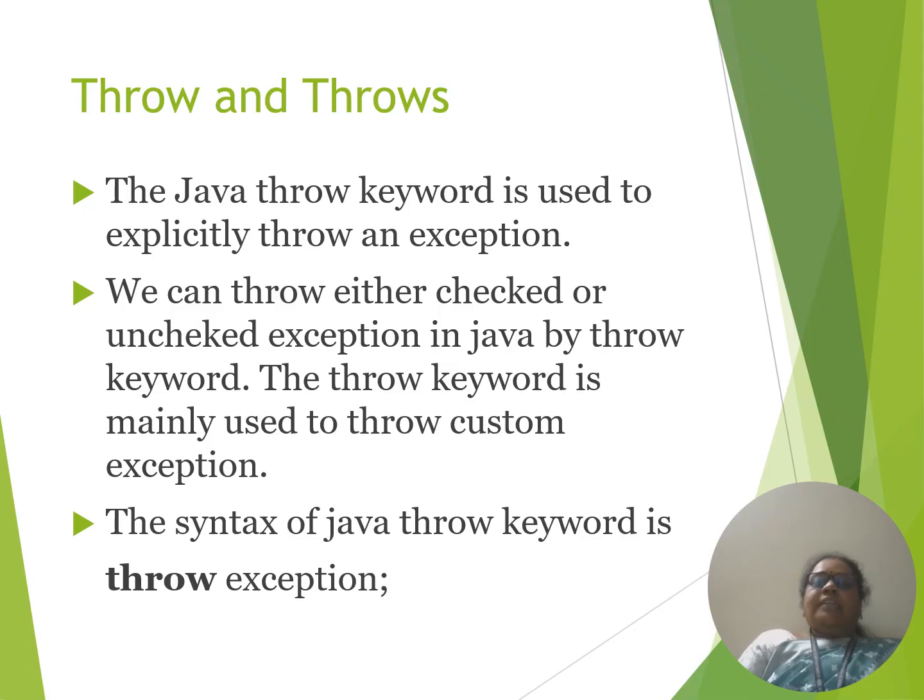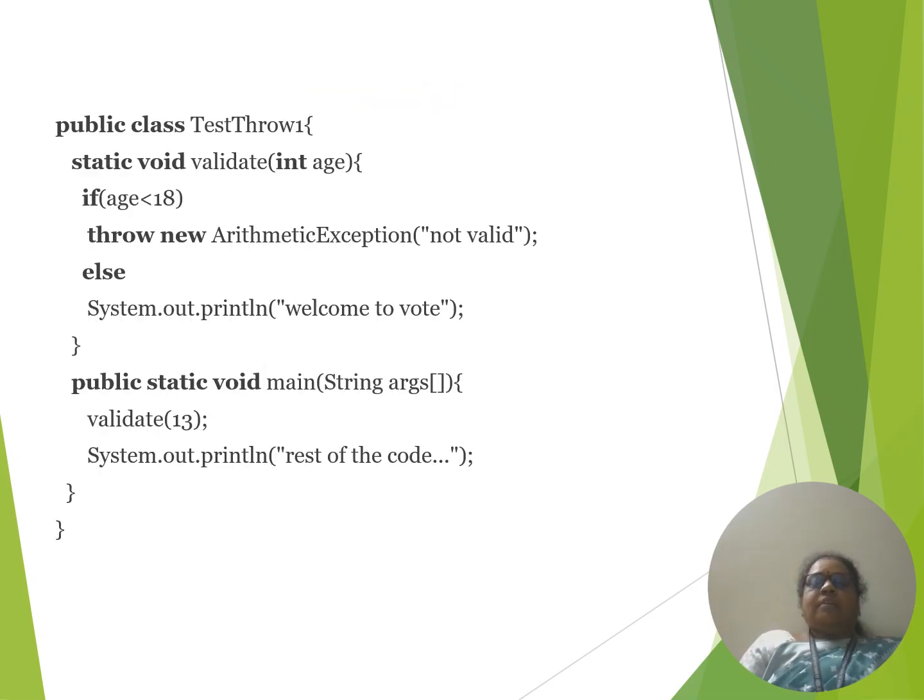So when we find an exception, we can use the keyword throw, which allows both checked and unchecked exceptions in our systems. The syntax of the Java throw keyword is throw exception. Example: public class TestThrow, static void validate(int age).